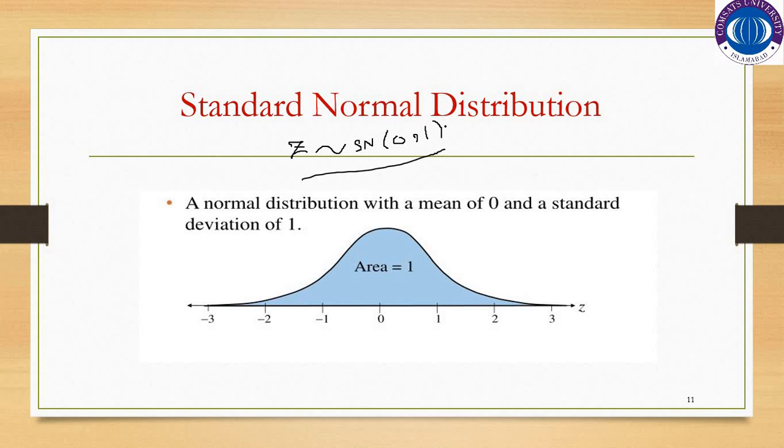This is the random variable Z, which follows the standard normal distribution. Here we have the z-scores, the total area under the curve is 1, the mean of this normal distribution is 0, and the spread is 1.